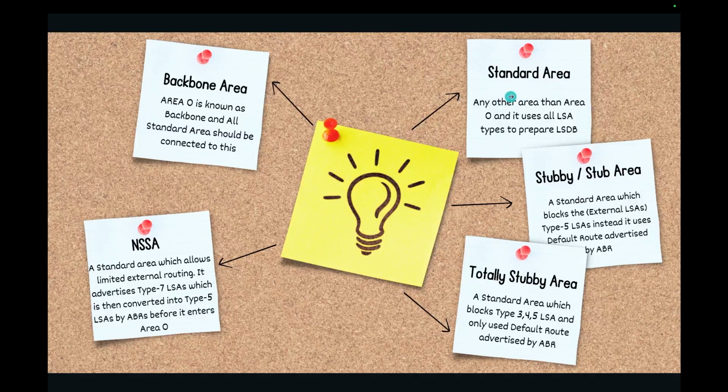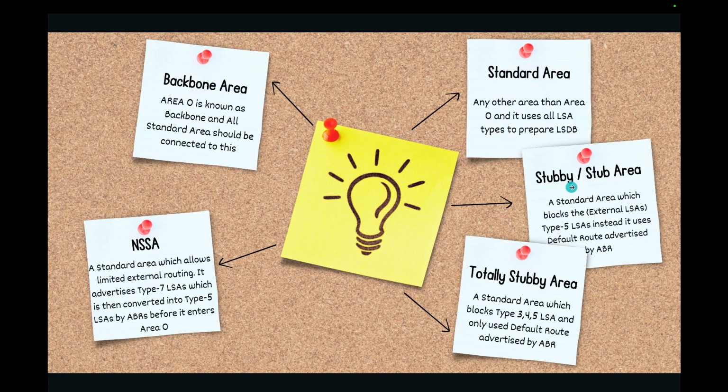So that's the standard area. The backbone area also advertises and processes all the LSAs. The only difference between the backbone area and standard area is that the backbone area is specifically area 0, and all the areas other than 0 are standard areas.